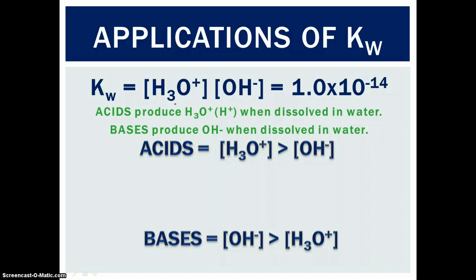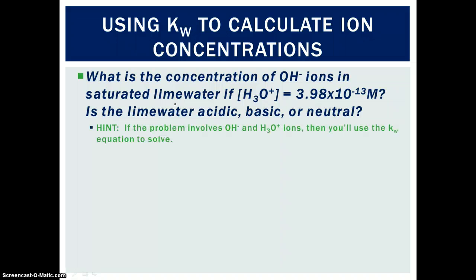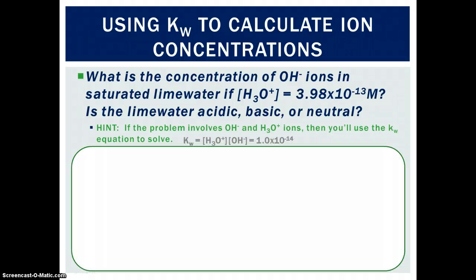Now let's put this knowledge to work. We want to know what the concentration of hydroxide ions is in saturated lime water if the hydronium ion concentration is 3.98 times 10 to the negative 4. Anytime you have a problem that involves finding one ion concentration from the other, you use this KW equation to solve it.